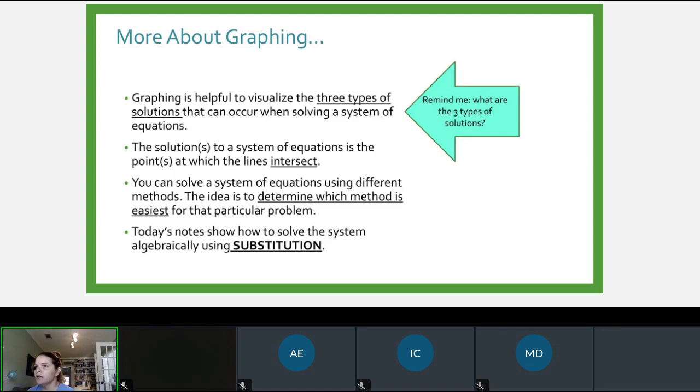Graphing is helpful to visualize the three types of solutions. I'm going to open up the room chat. Can y'all remind me what the three types of solutions were? Anybody remember? We had one solution. Yes, Jonathan, good.